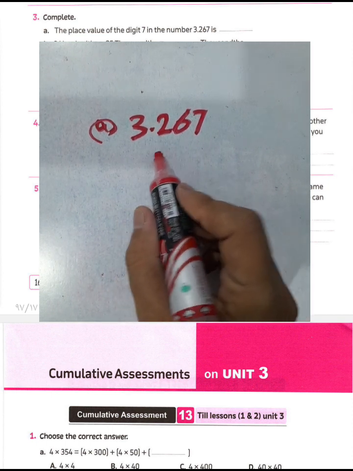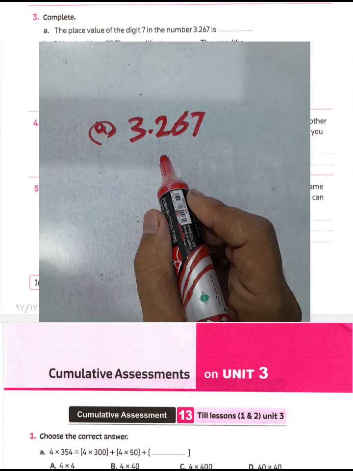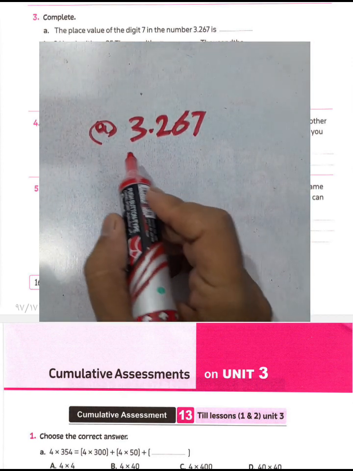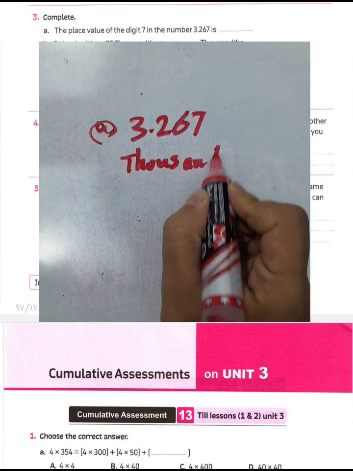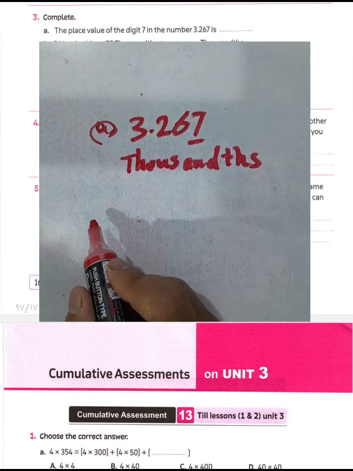Because the point is here after 3, the place value of the digit 7 will be thousandth.